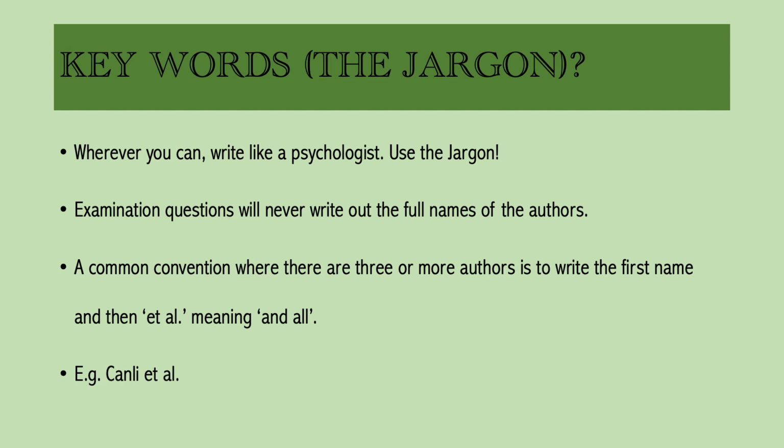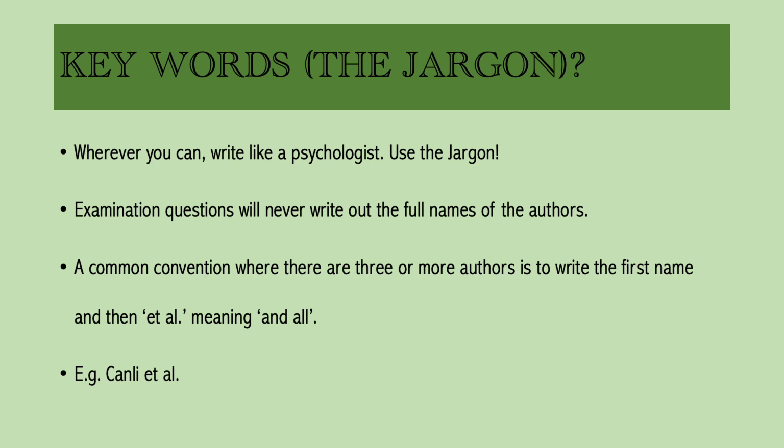So if you see here the third bullet point, the common convention are they are three. If there are three or more authors, it's to write the first name saja and then et al. So for example, macam yang buat study ni macam like Miss Umi, Erdina, Shahira, misalnya tiga lah ha.